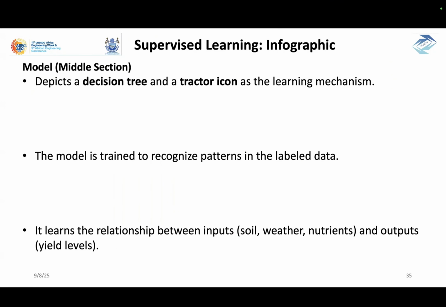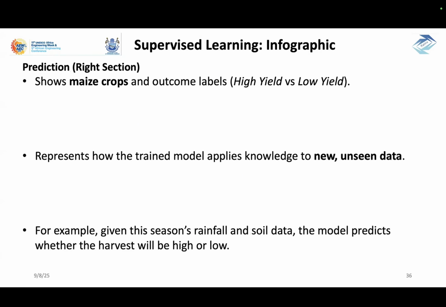So in AI, when you're doing work with AI, this part doesn't take long. The part that takes long is data preparation on the left. That one takes maybe 60 or 70% of your time. This one is the engine, but if you have a very good, representative data set, this will not take long. And then the right is your prediction section.